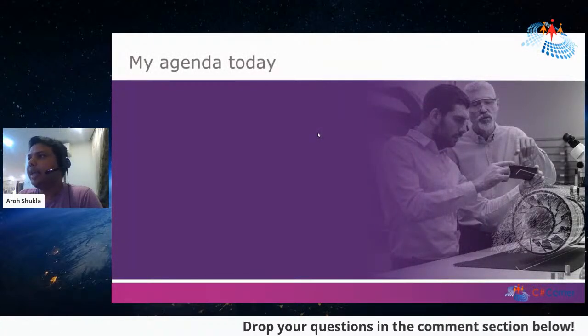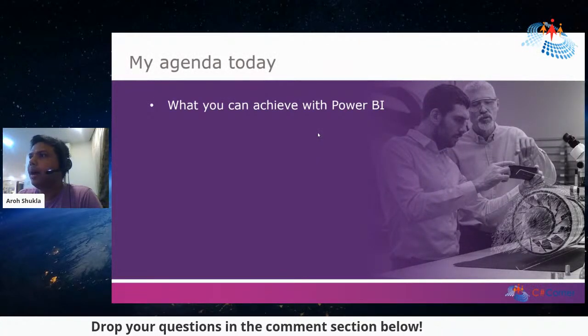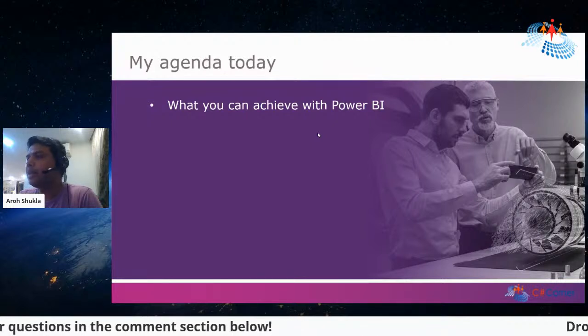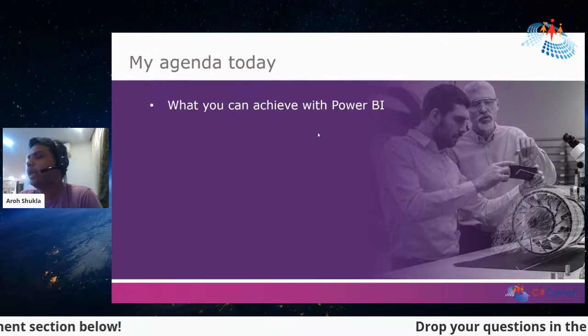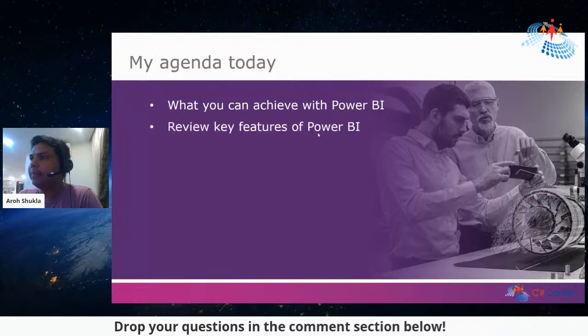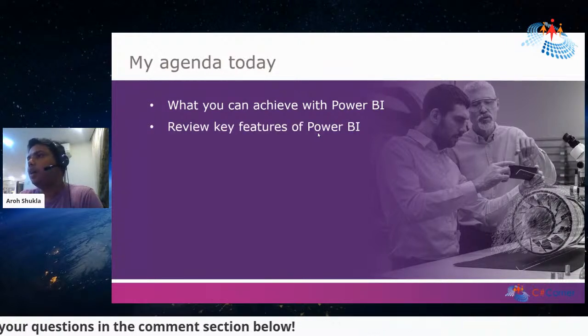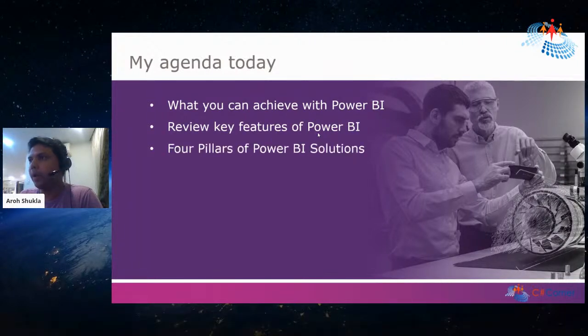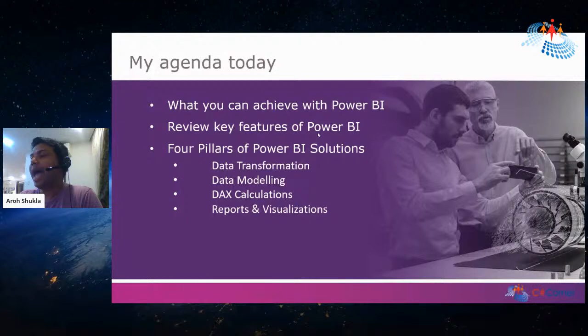Okay, so the agenda for us is quite simple. Nothing rocket science. What we'll talk about today is beginner to intermediate. So what we can achieve in Power BI, and we review the features of Power BI. Mostly we talk about the core main pillars of any data solution.